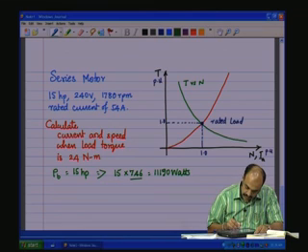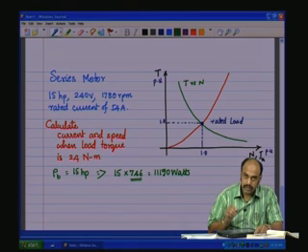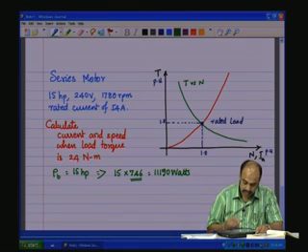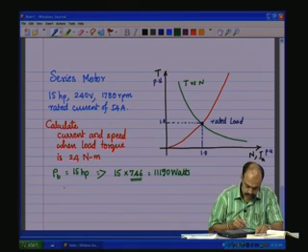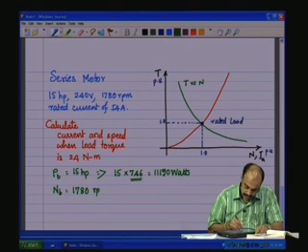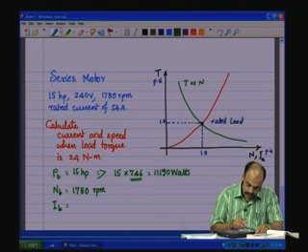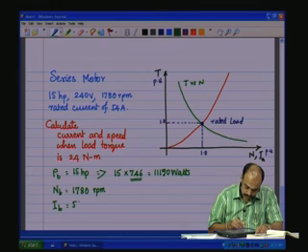This is the conversion that we have assumed from HP to watts: 746 watts is 1 HP. Then the base speed is 1780 RPM, and the base current is 54 amps, given.